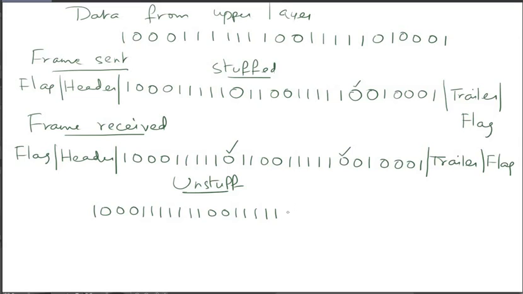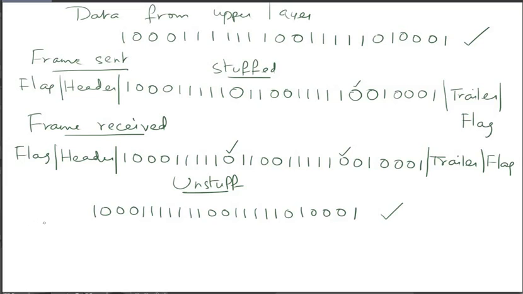Then it will again take 0 1 0 0 0 and 1. If you compare the first data coming from the upper layer with the data after the receiver, both are the same. So this is the method of bit stuffing.